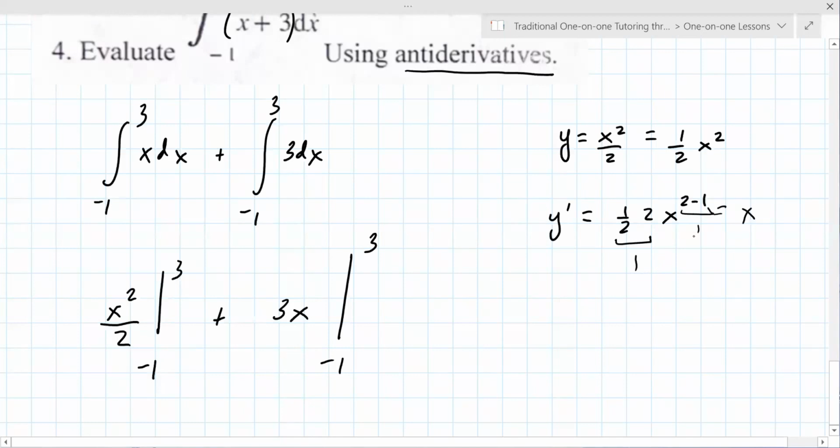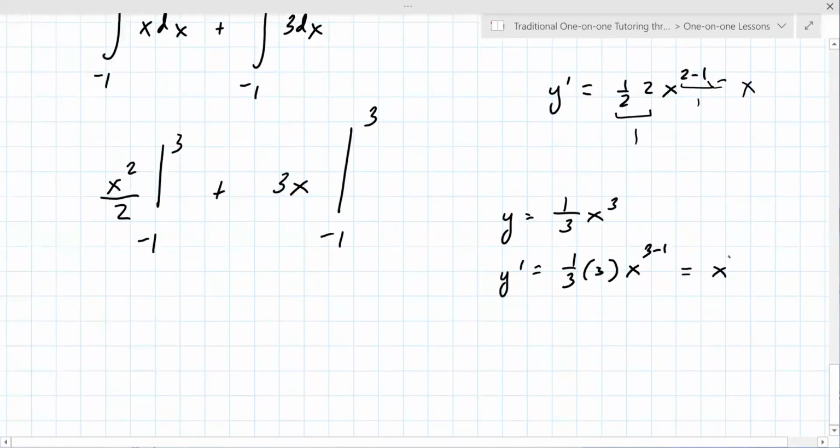What is the antiderivative of x squared? It's 1/3 x cubed, because the derivative is 1/3 times 3x to the 3 minus 1, and that becomes just x squared. Oh my God, so confusing.